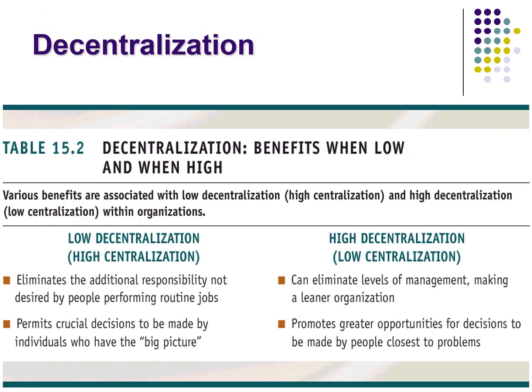So when we look at decentralization versus centralization, basically low decentralization, which is high centralization, eliminates the additional responsibility not desired by people performing routine jobs. So again, there are advantages and disadvantages to both of these. There are situations where people don't necessarily want authority. If something goes wrong in what I do, I want management to tell me what I should be doing. I don't want that authority.